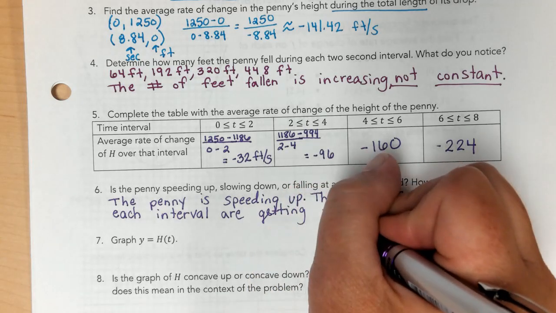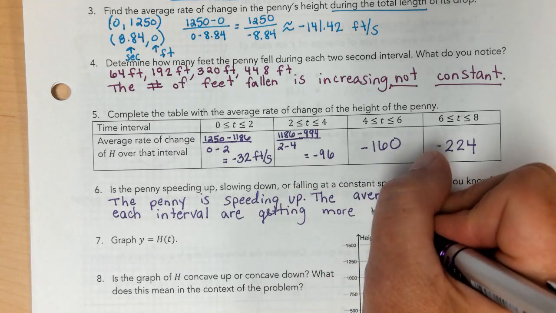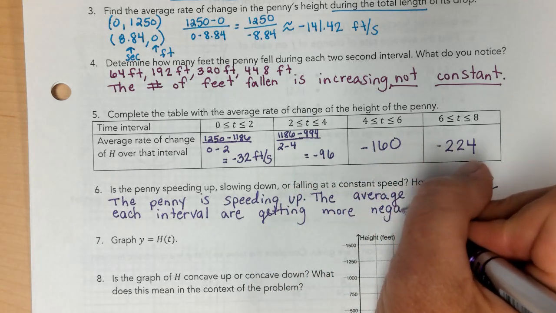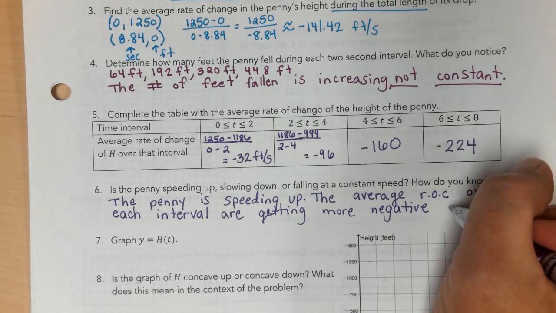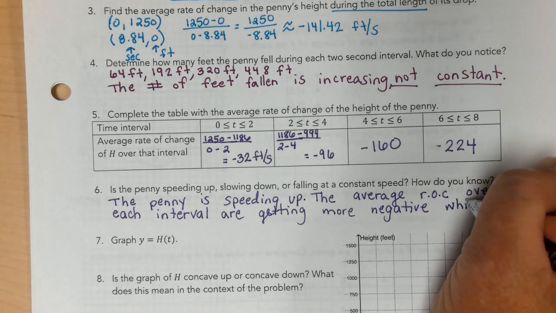Now we say more negative because you can't say larger, because a bigger negative number does not mean it's larger. It's farther away from 0, and it's really actually smaller. So more negative, which implies a faster rate.